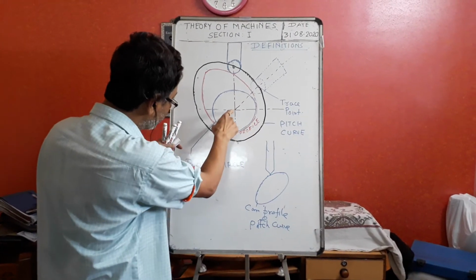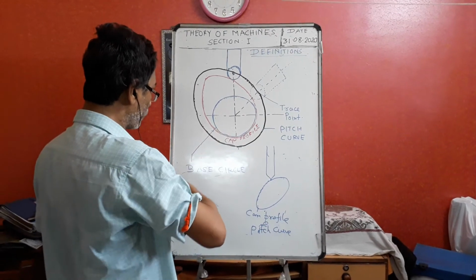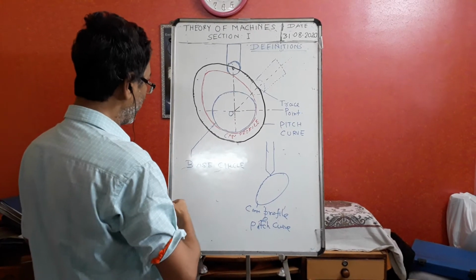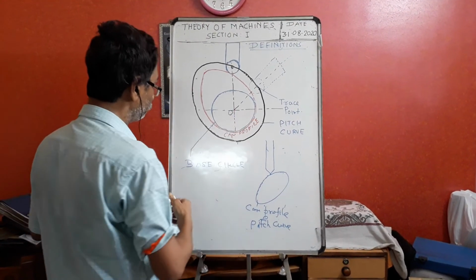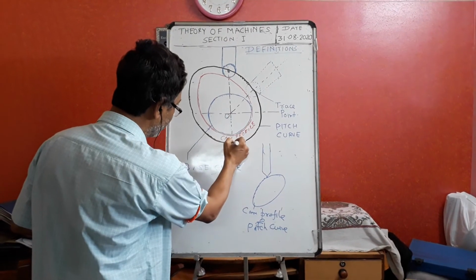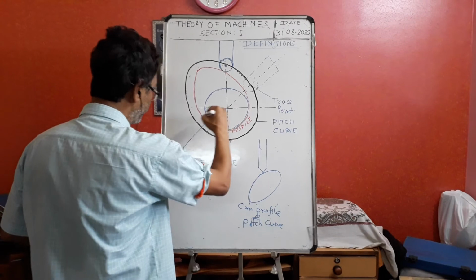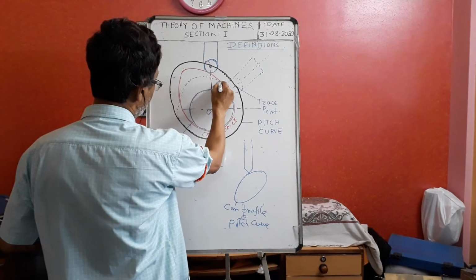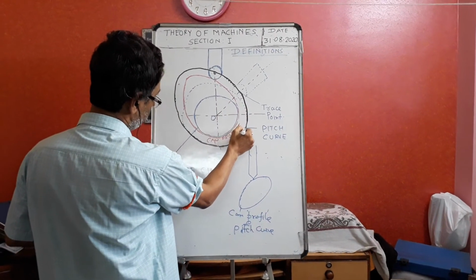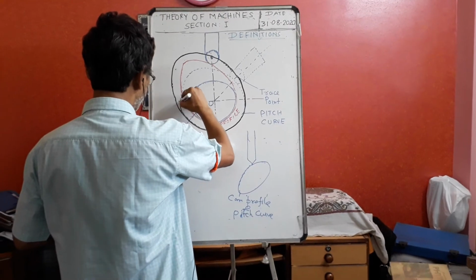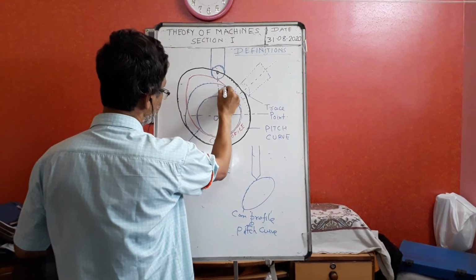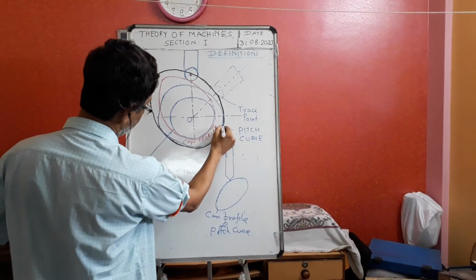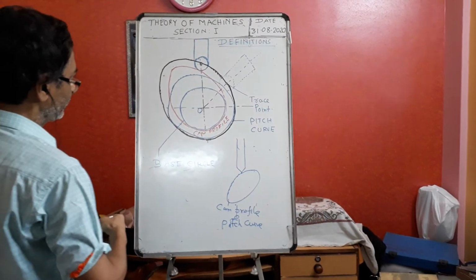Now let us call the center of the cam O. With center O and the least radius of the pitch curve, if I draw one circle which is tangent to the pitch curve, this circle is called the prime circle. So what is the base circle?